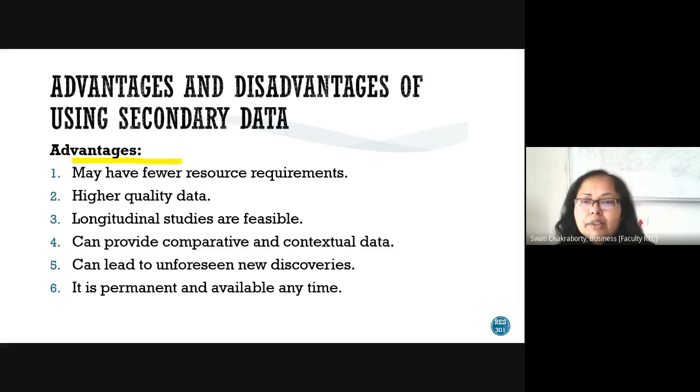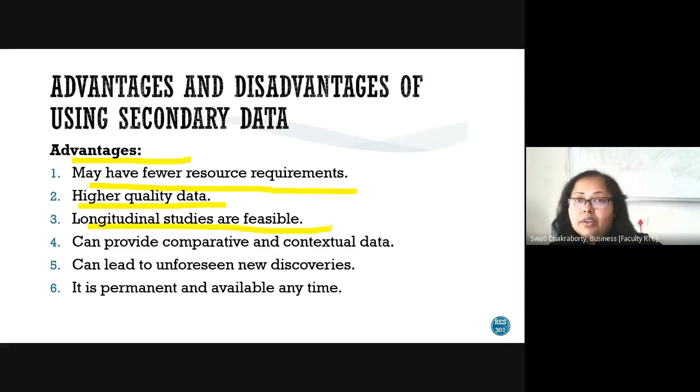So the advantages of using secondary data: you may have fewer resource requirements and higher quality data. Longitudinal studies are feasible; over a long span of time, you can go on studying, right? It provides you with comparative as well as contextual data.